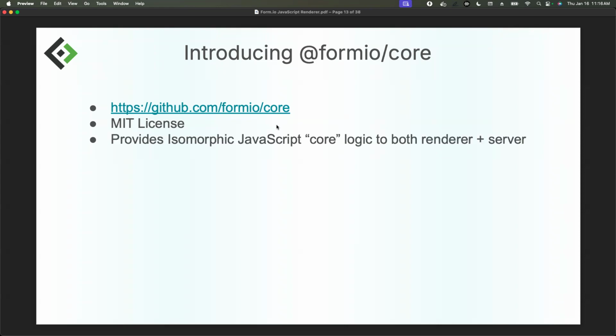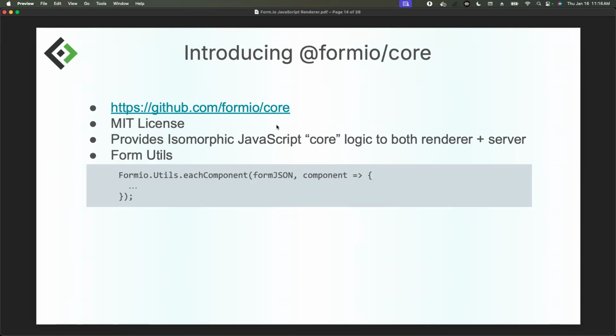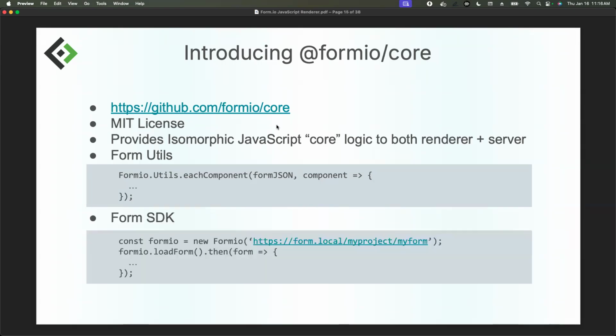The other thing that I just mentioned, but I'm going to say it again, is that this core library provides that isomorphic JavaScript core logic between both the renderer and the server. This includes three major things currently. We do have some plans on introducing additional features, but one is the utilities. The second is the SDK, which these have previously been in the renderer.